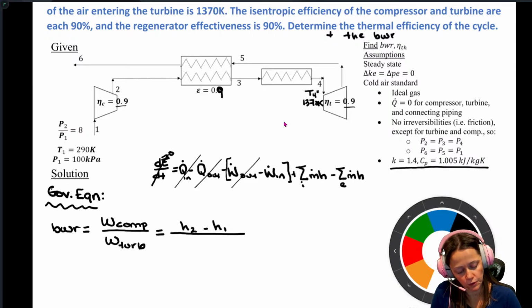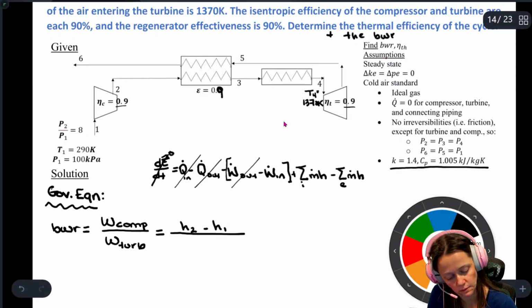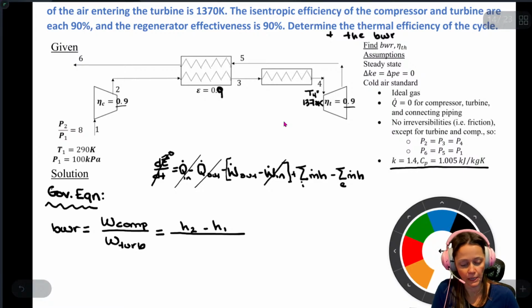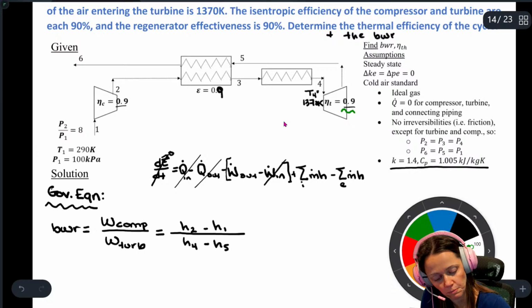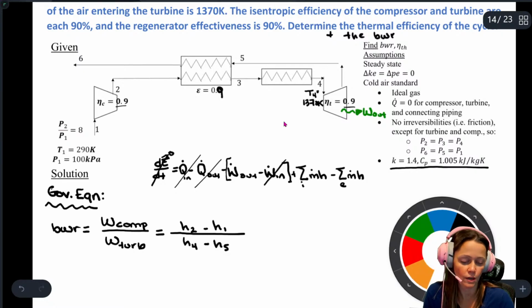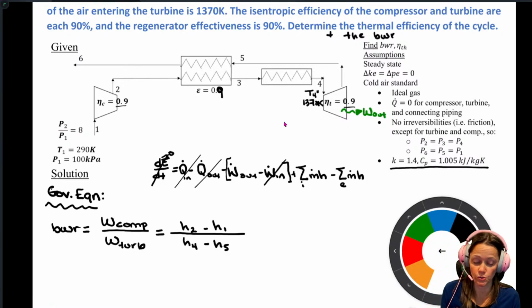And then the work for the turbine, that's a W dot out, so it's going to be in minus out. H4 minus H5. You can reason out which one's going to be bigger, because for that expansion process you're extracting work, so you're going to have less energy associated with the working fluid after you extract work.